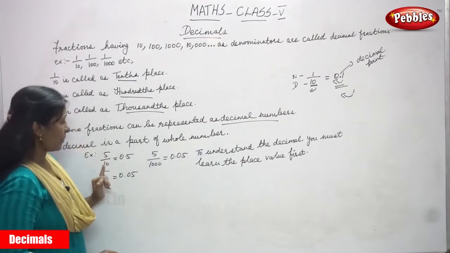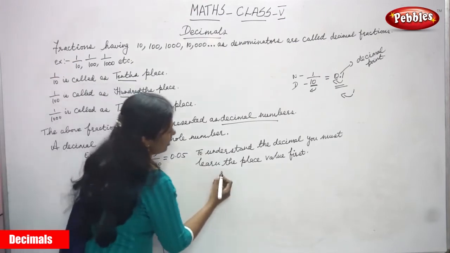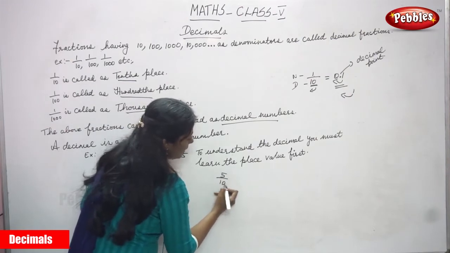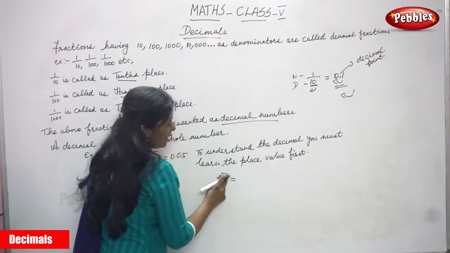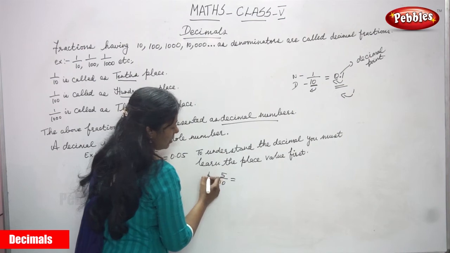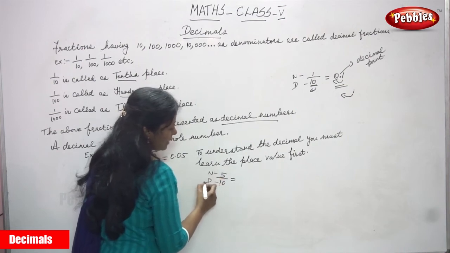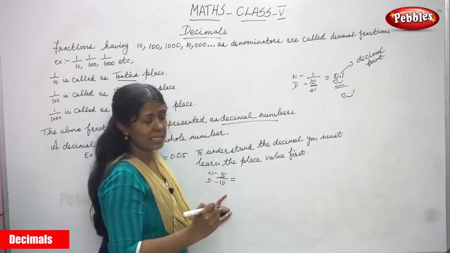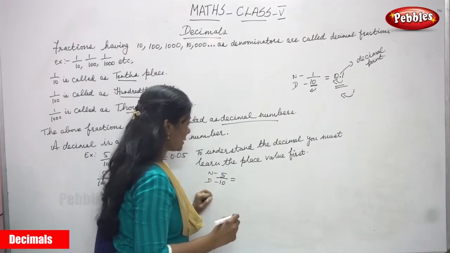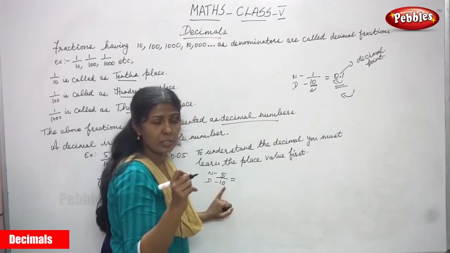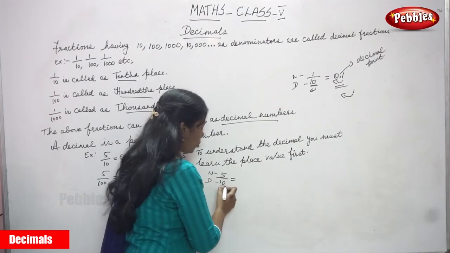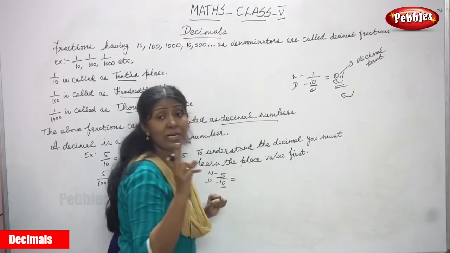So how are we going to write 5 by 10? 5 divided by 10: 5 is the numerator and 10 is the denominator. In the denominator there is only one 0, and in the numerator only one digit.